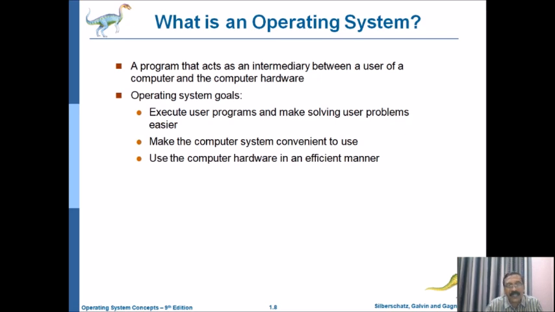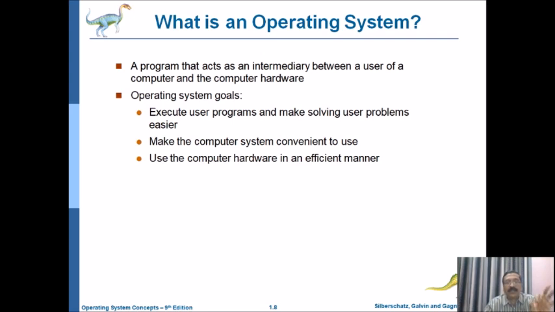So it is a supporter for the programmer or user. It is a helpful mechanism, helpful program, or helping software, or it will help the software to execute or solve the problem easier.